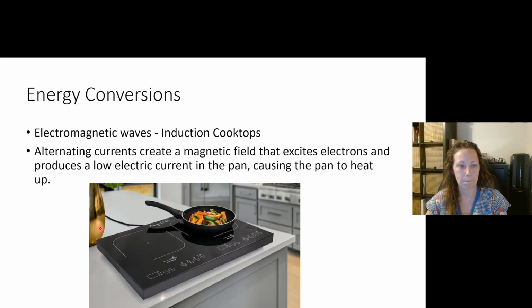You have electrical to radiant to thermal. And it's just kind of great that all of that conversion leads to something where, if you use an induction cooktop, you can turn it off and immediately touch the cooktop, because there's no heat stored in the cooktop, unlike your glass flat top stove or anything like that.